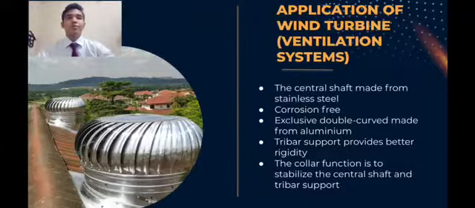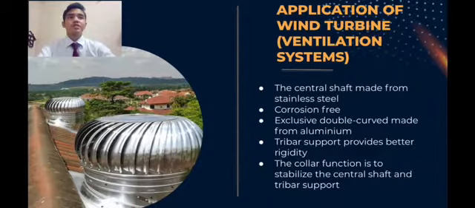One of the applications of wind turbines is the ventilation system. First, the stainless steel central shaft, which maintains rigidity under high stress and load factors. It is also corrosion-free.